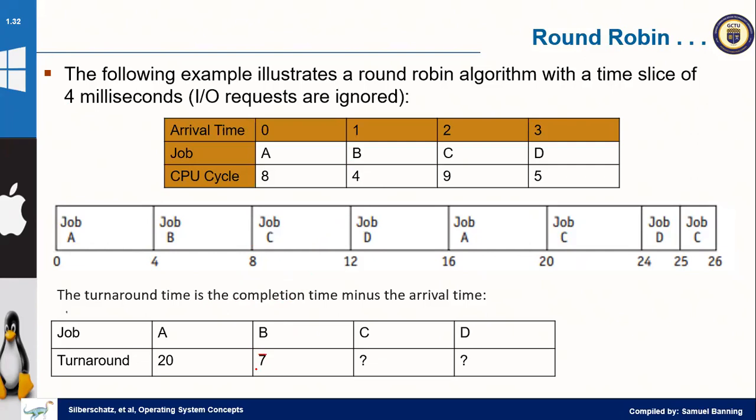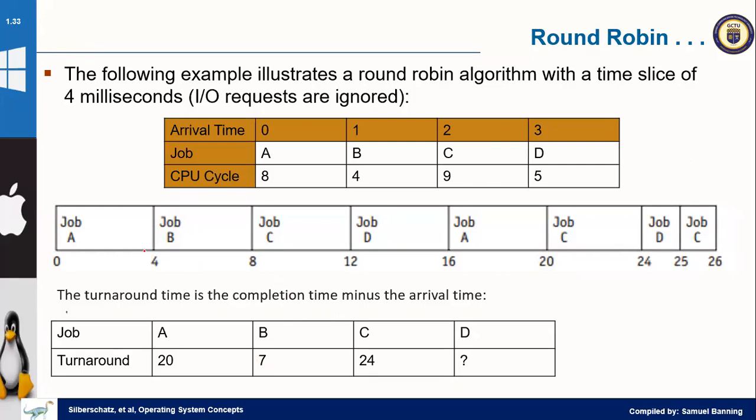I think there's an error here too. What is going on? It's unfortunate. Okay, C completed at 26. The arrival time of C was 8, right? So 26 minus 8 is 18. This one too is 24.